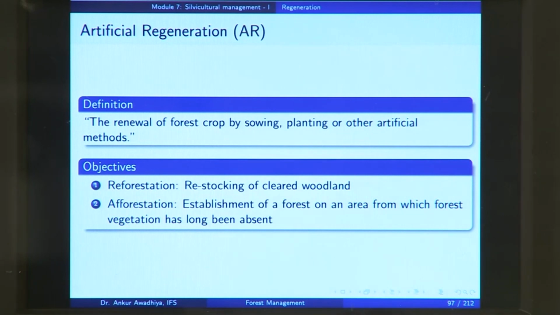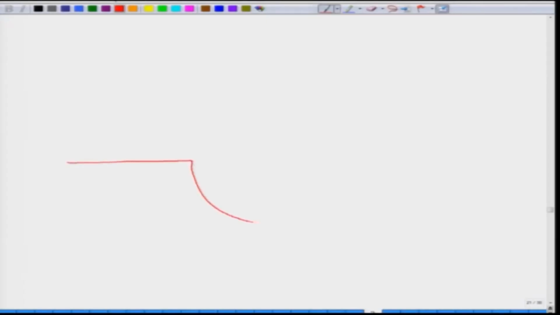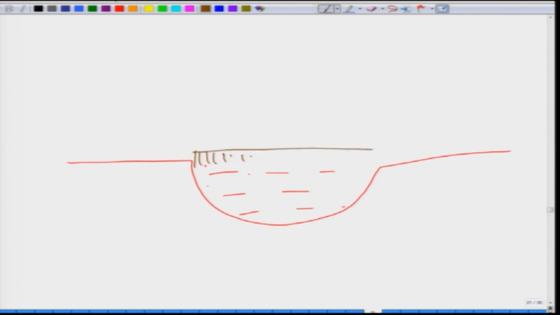Now, artificial regeneration is something that you can use even on those areas that do not have any existing vegetation. So, for instance, you had an area where a mining operation was done. Now this area is, say, full of water or full of toxic minerals. So, what you can do here is put a layer of soil on top of it.